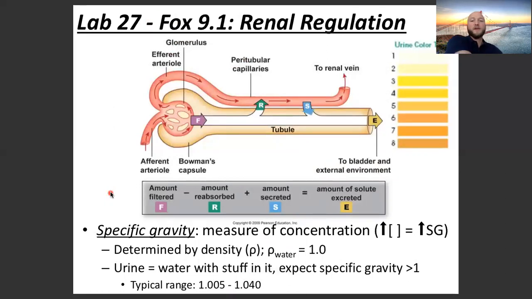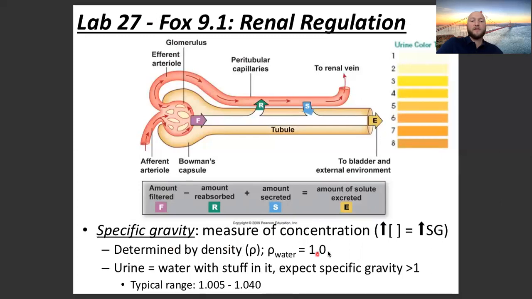Specific gravity. So specific gravity is really a measurement of density. But urine is water with stuff dissolved in it, and the stuff that's dissolved in it makes it more dense. So the more stuff that's dissolved in your urine, the more dense it's going to be, the higher the specific gravity.